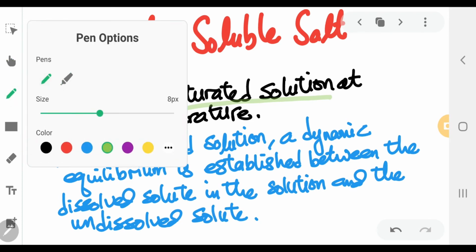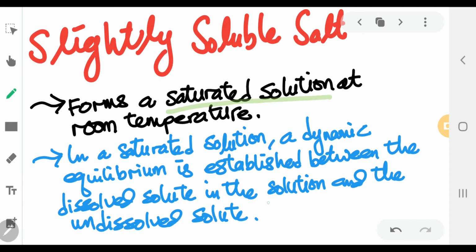Thus, in this discussion, we're going to be dealing with reactions that use the reversible arrow, because the saturated solution of slightly soluble salts will have dynamic equilibrium.